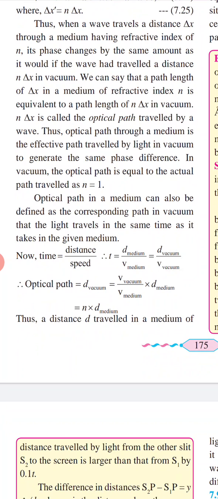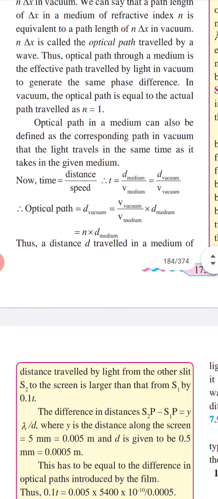So n delta x is called the optical path traveled by a wave. Thus, optical path through a medium is the effective path traveled by light in vacuum to generate the same phase difference. So in vacuum, optical path is equal to the actual path traveled, as n equals 1.